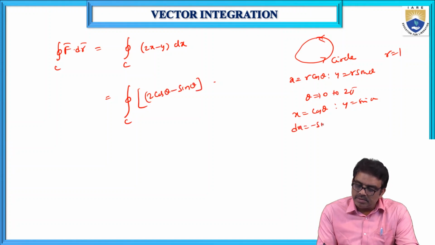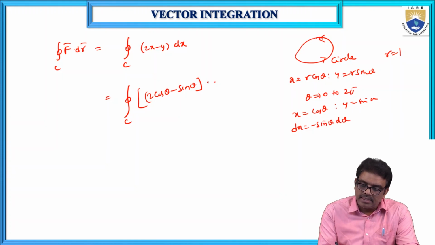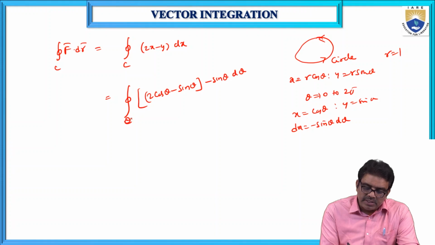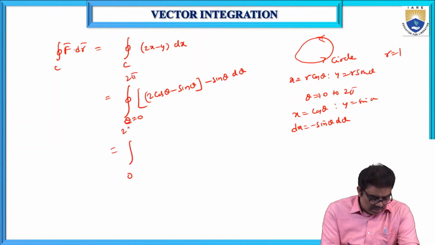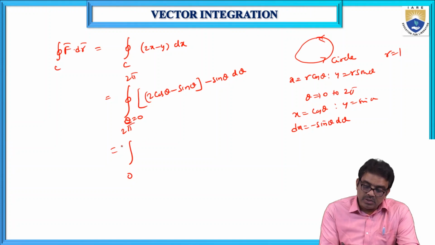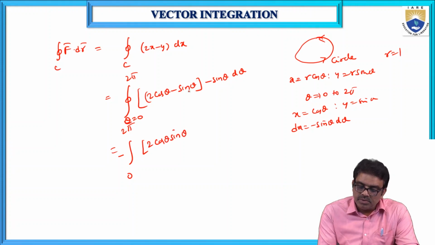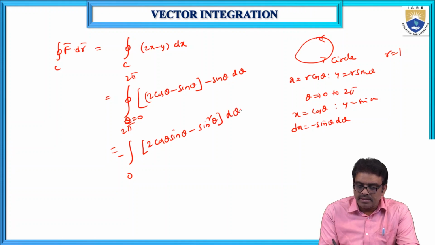What is dx? Minus sin theta d theta. Theta varies from 0 to 2 pi. So here the integral is 0 to 2 pi, and you can take the minus sign outside: 2 cos theta sin theta as the first term, and minus sin square theta d theta.